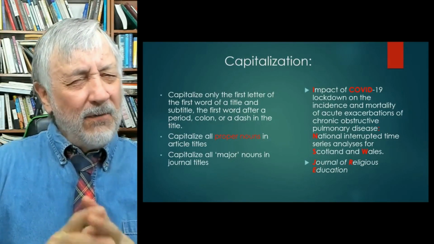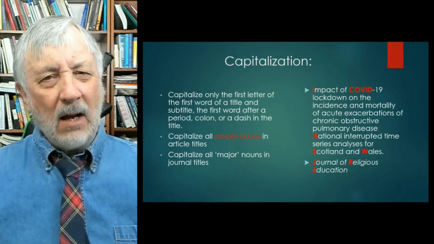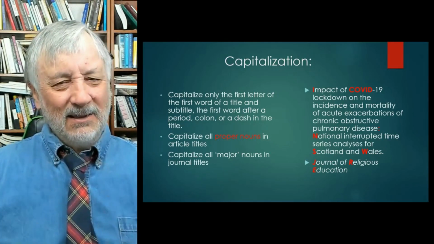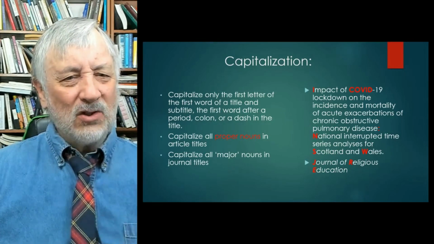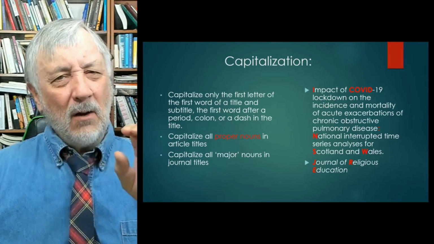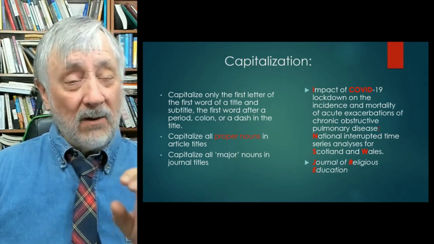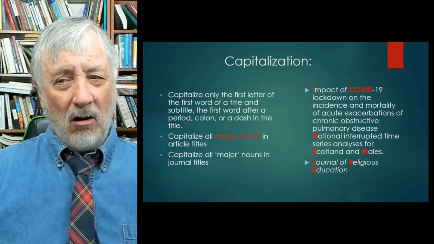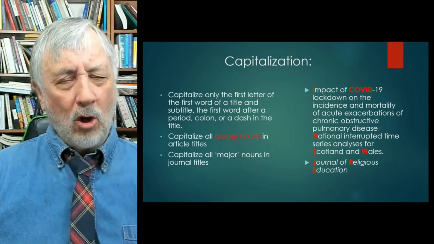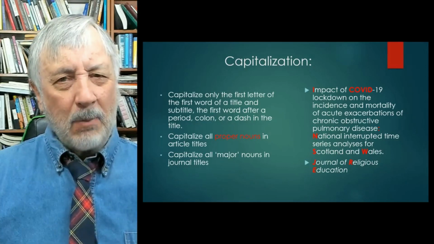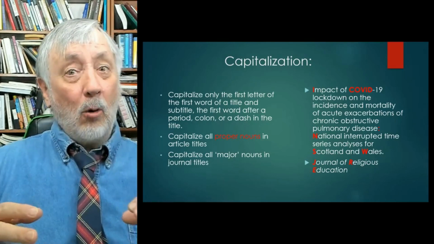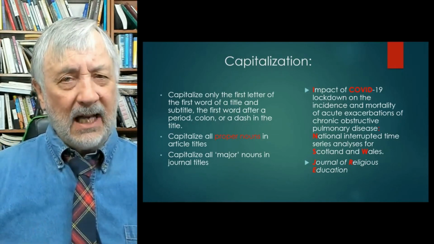APA is a little funny about some of its rules, and I would say funky, funky monkey. It gets a little wild out there. But one of the rules is that you only capitalize the first letter of the first word in an article title, except for major words or words that would normally be capitalized, like the United States, or Paris or England or something like that, but not other words.